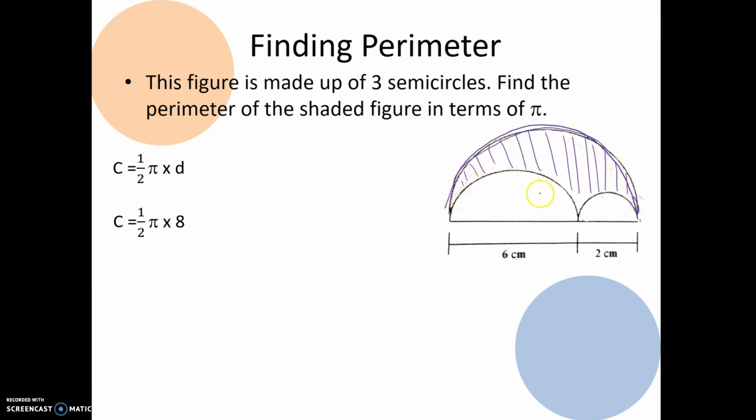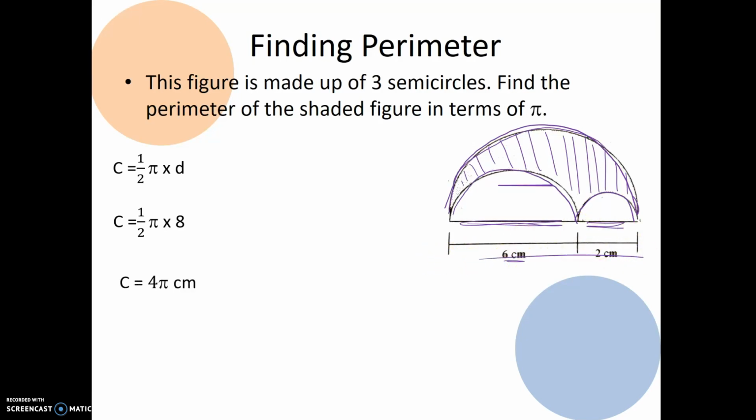And then we're going to add the perimeter here and the perimeter there. So if we find the perimeter of the big semicircle, we're going to use 8 for our diameter because by adding this portion, 6 centimeters, to this portion, we get the diameter of the large semicircle, which is 8.